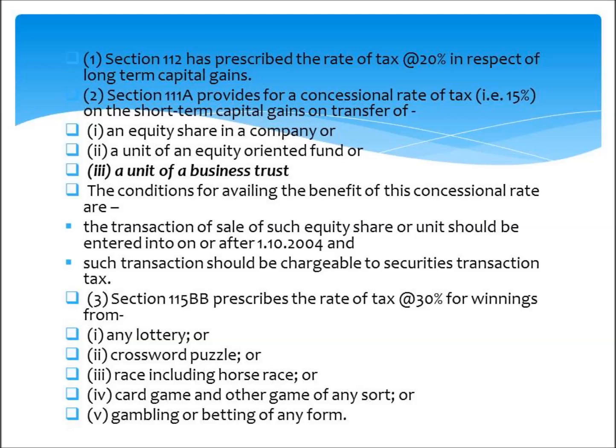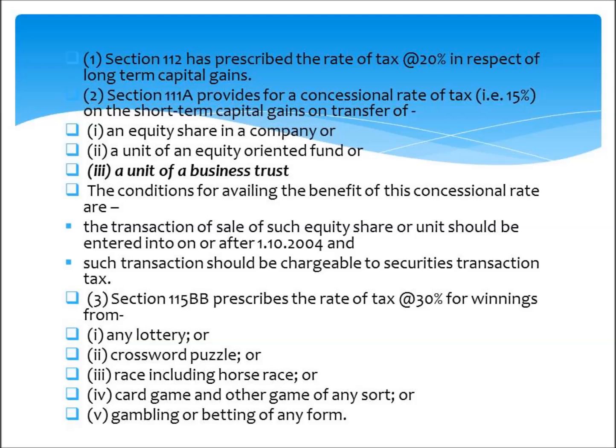So 115BB prescribes the rate of 30%, a very huge percentage of taxation on the following earnings. If I'm earning from any lottery, crossword puzzles, horse race, card game or gambling, any of those, and I'm winning some amount, that will be chargeable to tax at the rate of 30%.